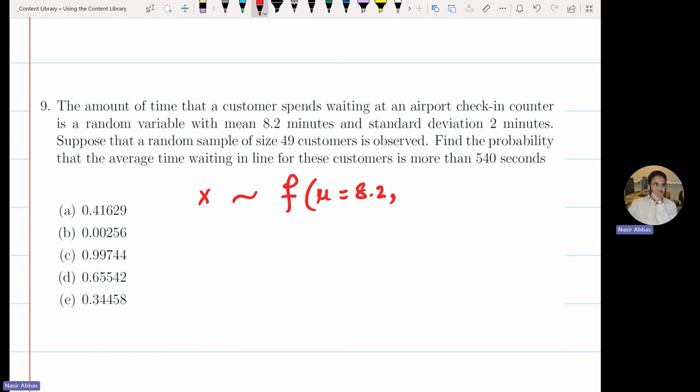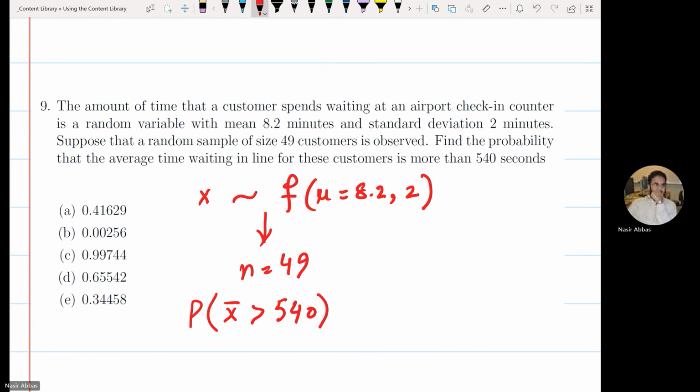And what is the standard deviation of that distribution? 2. Suppose that you take a random sample from this distribution of size 49. Find the probability that the average waiting time of these 49 customers is more than 540.